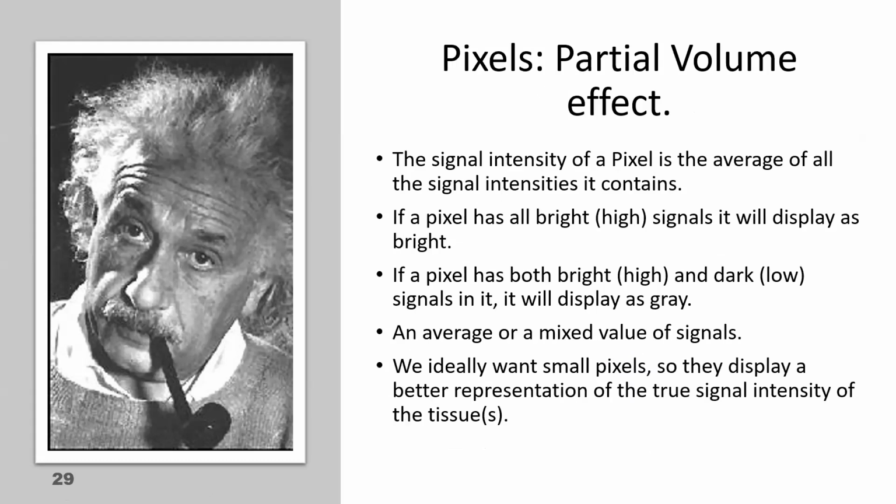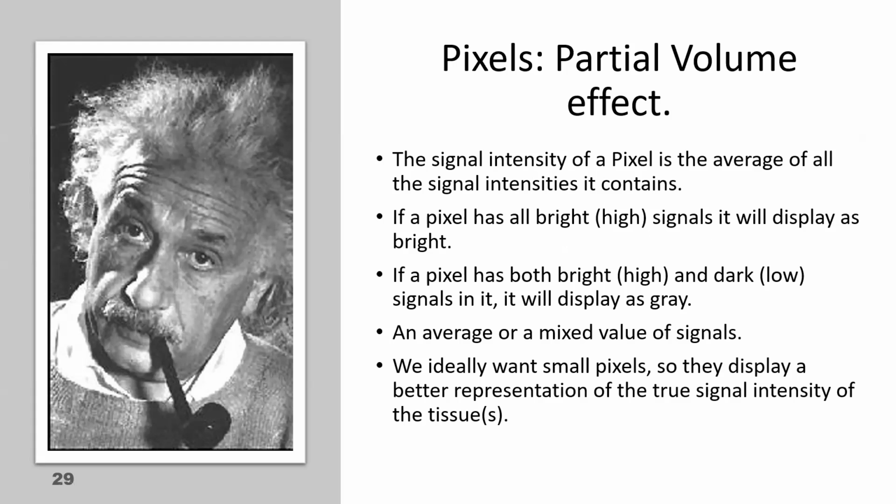Now, what's partial volume? I've used that term a couple of times. Maybe you guys know it, maybe you understand it, but you're going to get it again. Know that the signal intensity of any pixel is the average of all the signal intensities it contains. So if a pixel is bright, it probably has a lot of high signals in it.